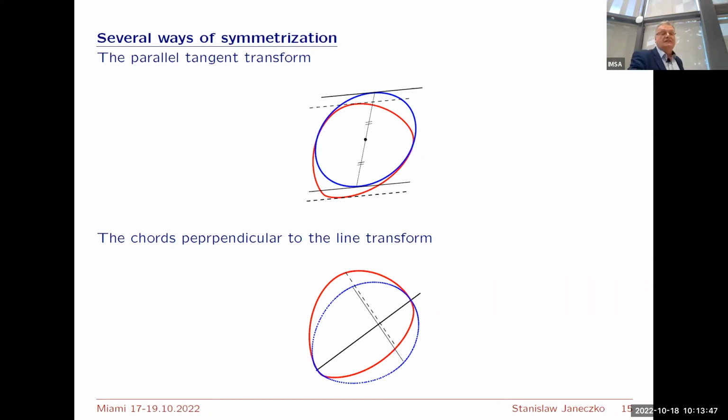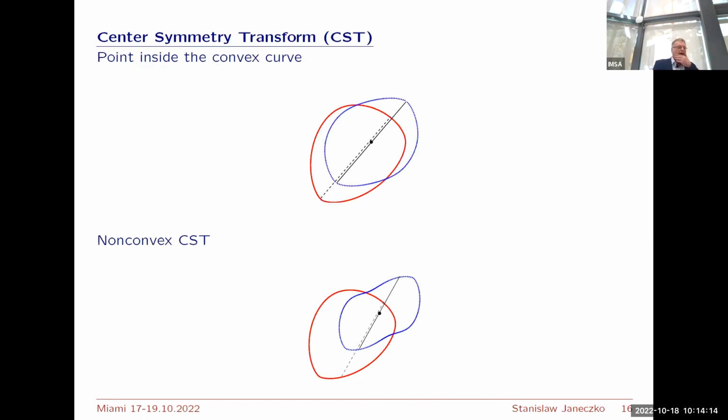Another symmetrization is a chord perpendicular to the line. For example, you have some line passing through this red curve, which is absolutely not symmetric, and then you do the same, you just move. These constructions are affine invariant. It's very important. All affine invariant, and you move this to the center. Symmetrization. And look what's going on.